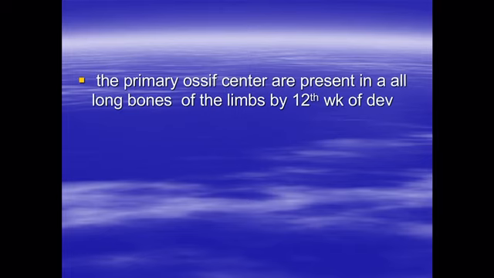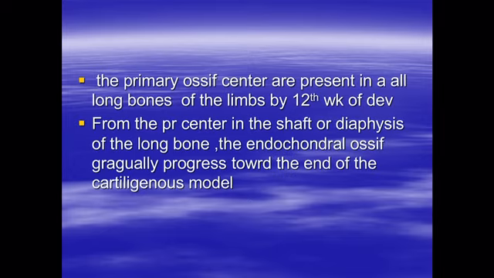We have a primary and we have a secondary ossific nucleus or ossific center. The primary ossific centers are present in all long bones of the limb by 12 weeks of development.